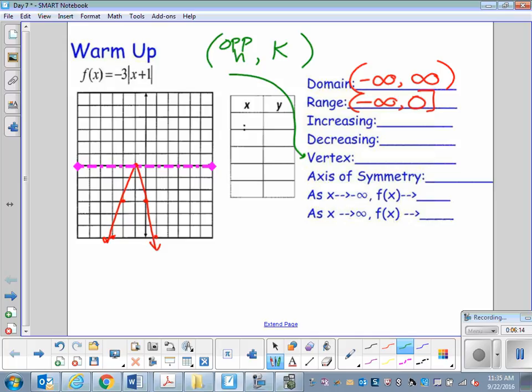You know this from transformations. H is the number that's inside with the x. Give me the opposite of it. -1. And what is my k number? What number is being added or subtracted out here? Nothing, so what is it? 0. So there's our vertex.